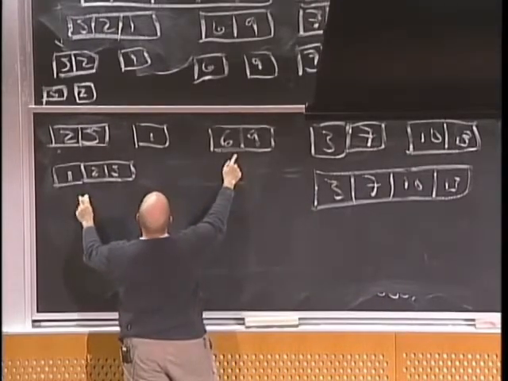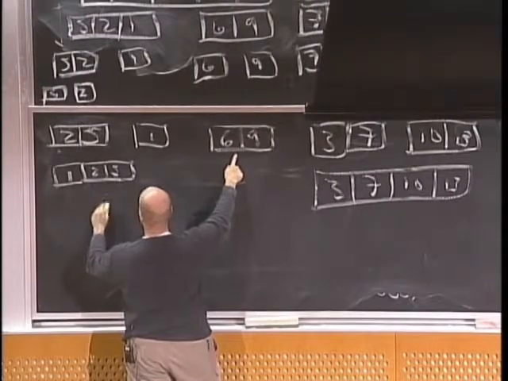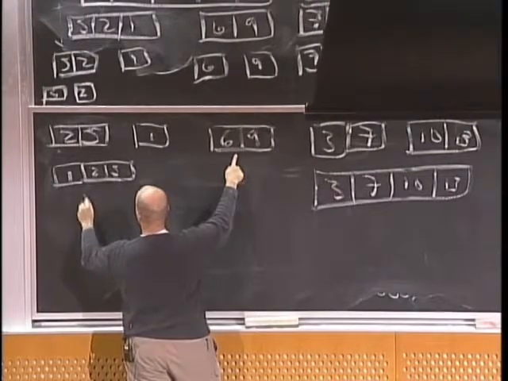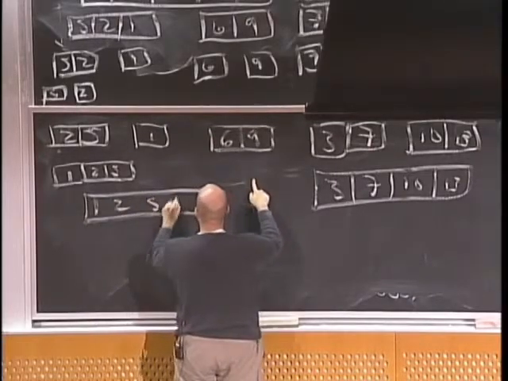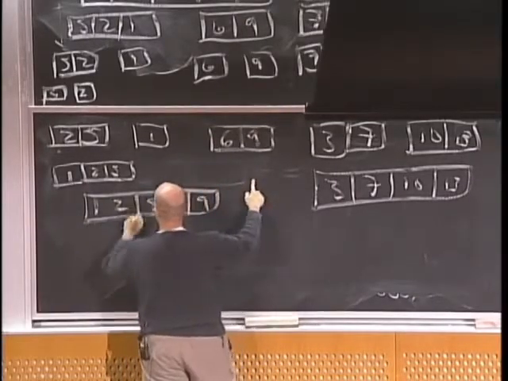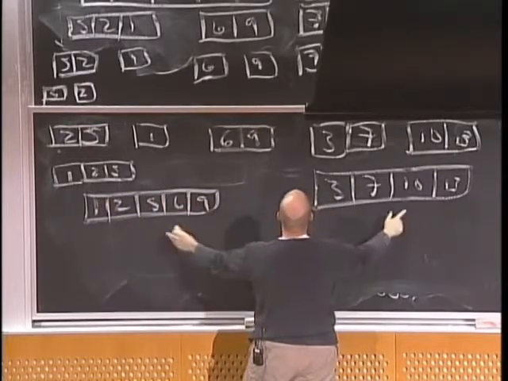So these guys are going to get merged. So this is going to become, I think my tree got messed up a little bit. Now we're going to merge these lists, right?